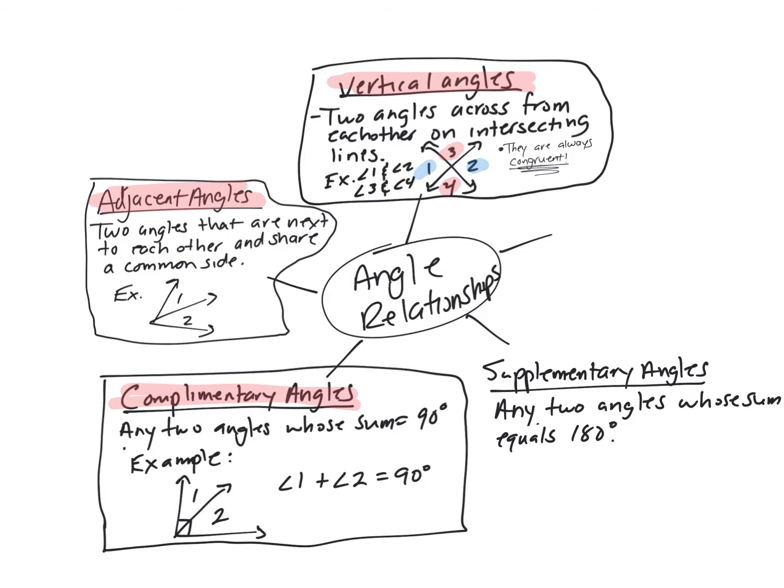So this would be like a straight angle with a ray coming out of it. And so this would be 135, and then this would be 45. So those two angles together would add up to equal 180.